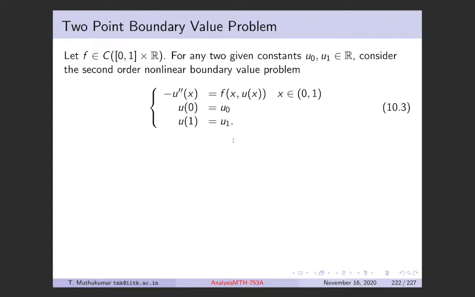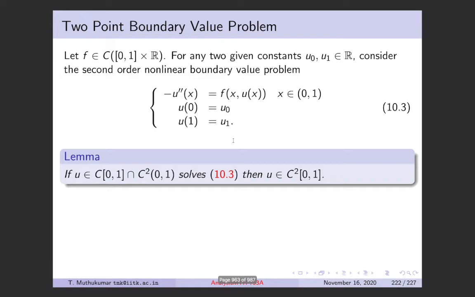Like the previous case, we first observe that any solution to this problem has to be twice differentiable, right? Because if it has to satisfy this ODE, it has to be twice differentiable. So when we say twice differentiable, we mean it's twice differentiable in (0, 1).